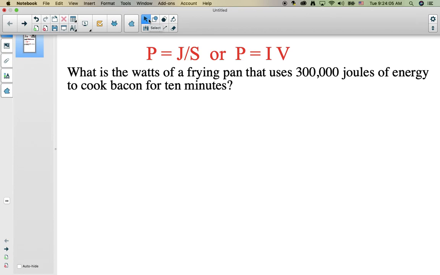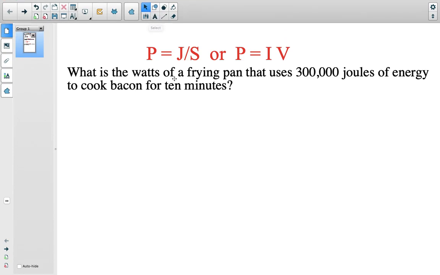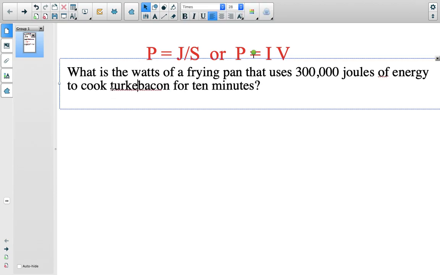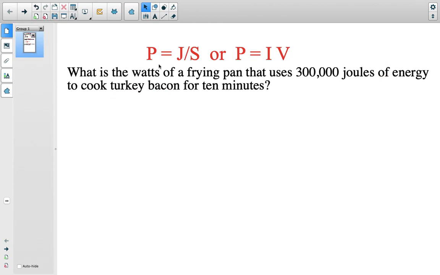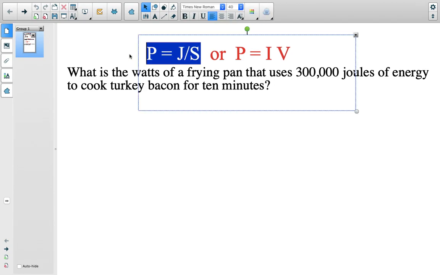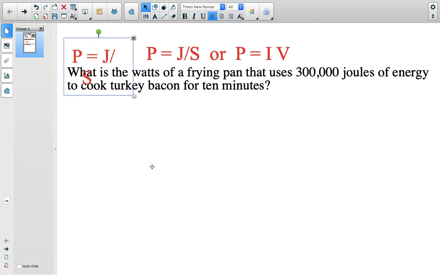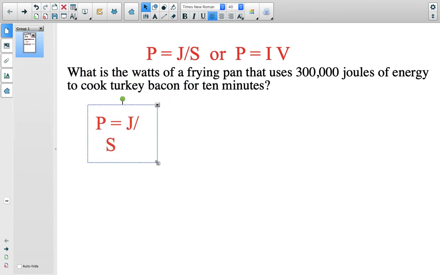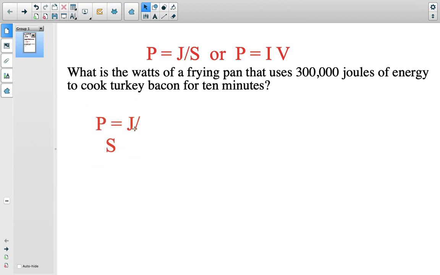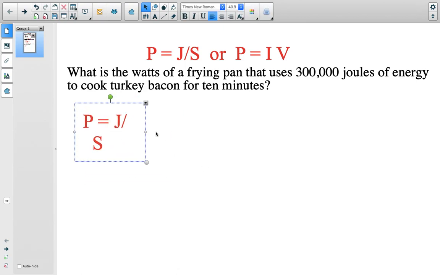It could be pork, it could be turkey, it could be chicken. I personally like turkey bacon, so I'm going to talk about turkey bacon. Okay, so if we're going to use a formula here, we're going to use this one. And the reason why we're going to use that one is because we have joules and we have time. Now, time is in minutes, so we're going to have to do some conversions here in a minute.